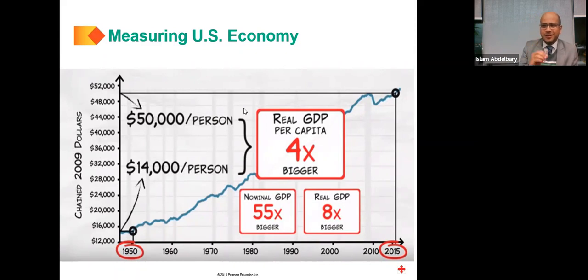That means the standard of living of American people increased 4 times over the last 65 years. So this is when we use the real GDP per capita. Real GDP per capita is very important for economists because it reflects the standard of living of people.